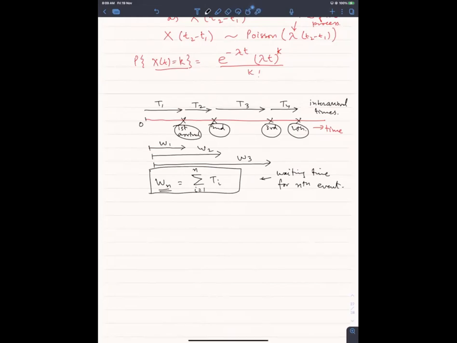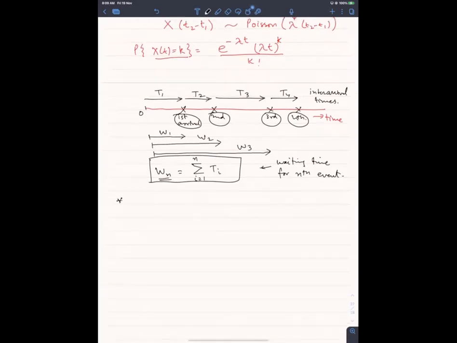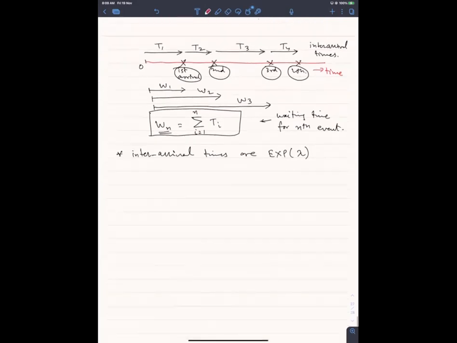And then we showed कि inter-arrival times are exponential lambda. ये हमने कैसे शो किया था? ये हमने ऐसे शो किया था कि probability T1 greater than t, इसका क्या मतलब है? इसका मतलब है कि events are arriving here. यहाँ पे you have time.